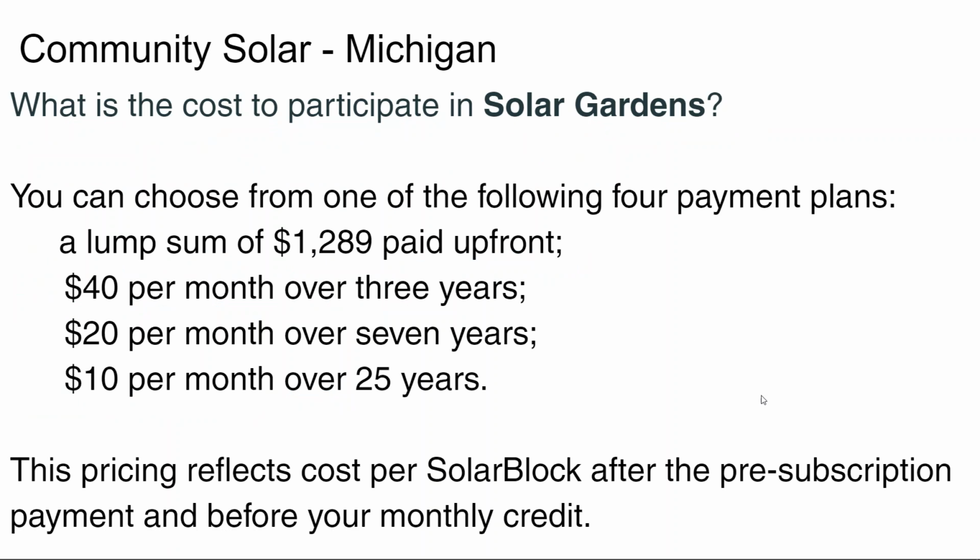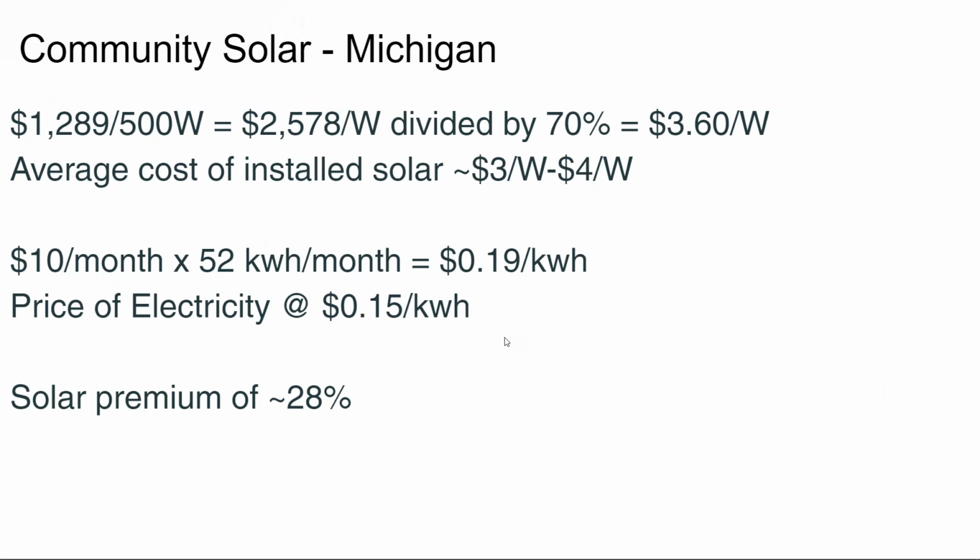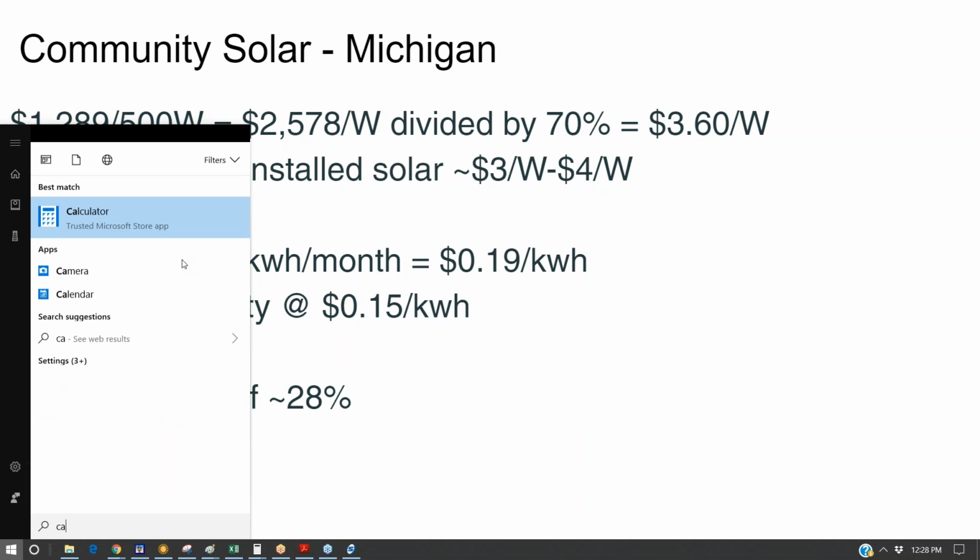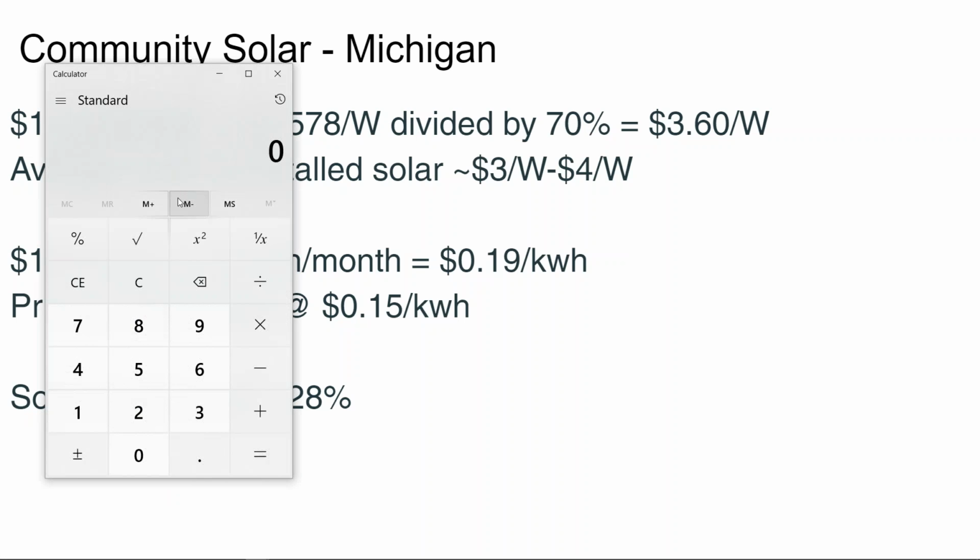Then again, if you're the customer who went for increasing your electric bill by $10 a month for 25 years, again, back to, well, how much per month does this do?